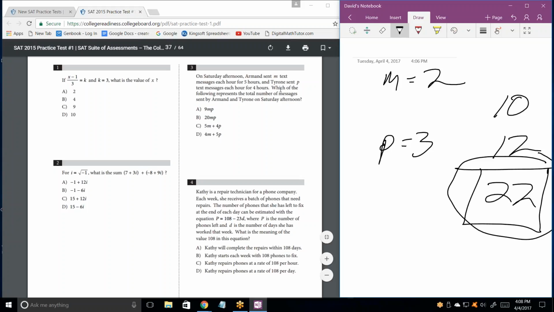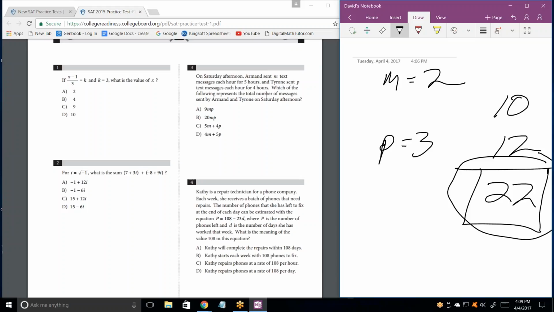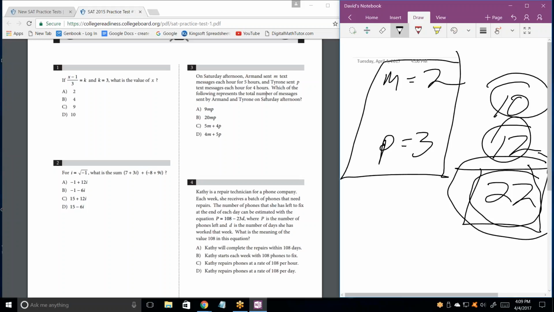Usually when you pick numbers for these variables, you know how to figure out the answer. Once I picked 2, you knew that Armand sent 2 times 5, and you knew that intuitively. So it was not hard to come up with 10, and it wasn't hard to come up with 12, which means we knew the correct answer was 22 for these two numbers.